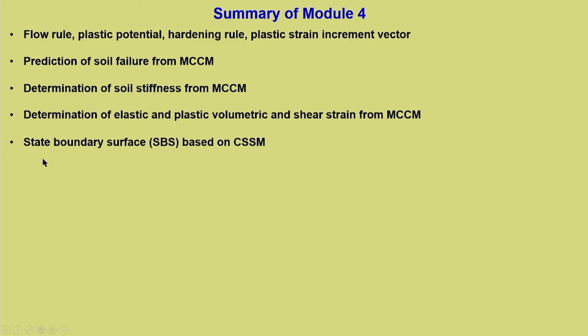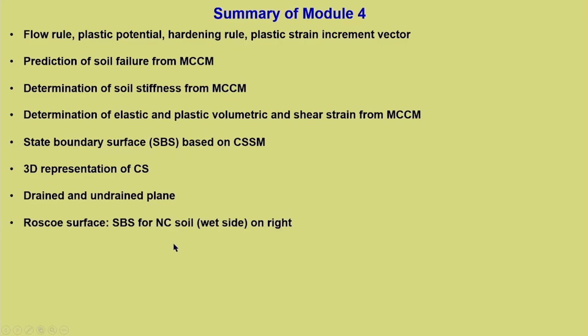Then we could understand the state boundary surface, SBS, based on critical state soil mechanics. The 3D representation of critical state, the drained and undrained plane, becomes relevant while defining the state boundary surface. Then we have seen Roscoe surface, which is the state boundary surface for normally consolidated soil, that is the wet side, and that forms the boundary on the right.